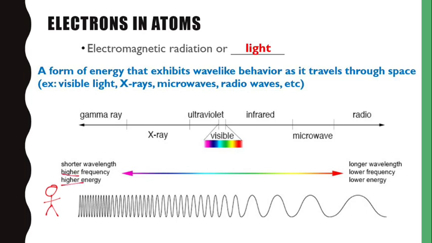So you'll notice on either side of the spectrum, our frequency and our energy are directly related, meaning that they go the same direction. High frequency, high energy, low frequency, low energy. And then our wavelength is the opposite. It's inversely related to these other two. So the smaller the energy and the smaller the frequency, the bigger our wavelength is.